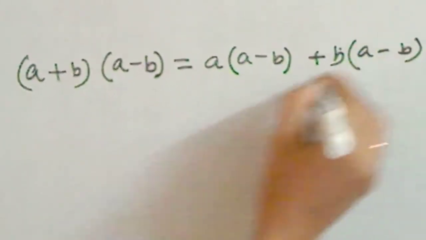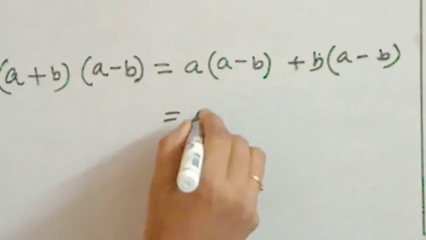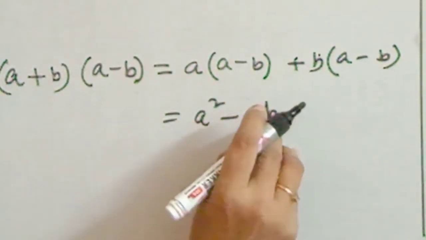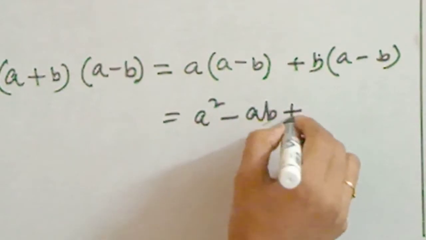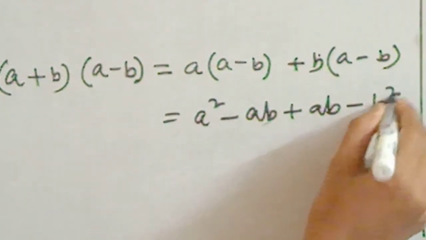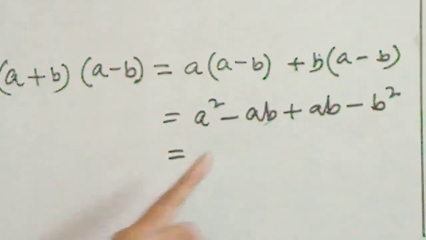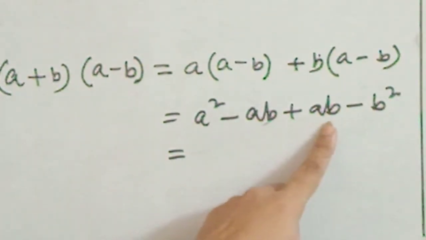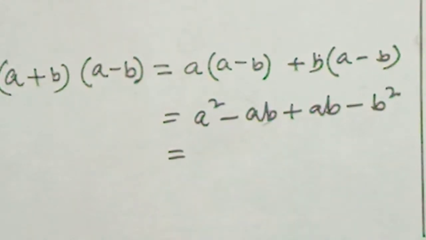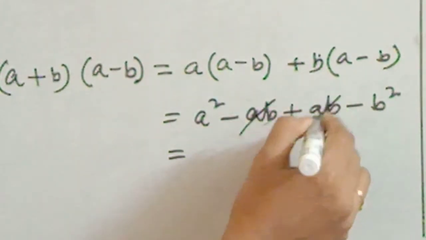So what you are getting here: a into a, a square, minus ab. Here it is plus ab, and plus b into minus b, minus b square. Now we can see that ab, here it is minus and here it is plus. Same variable, same power, but opposite sign. So you have to cancel it.